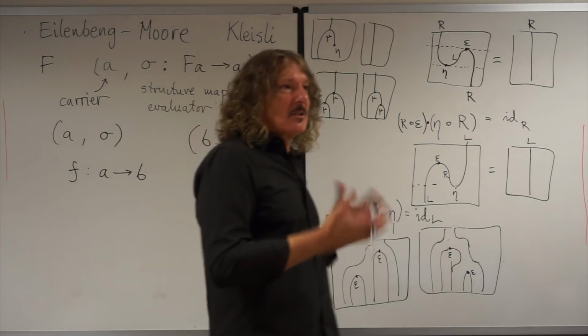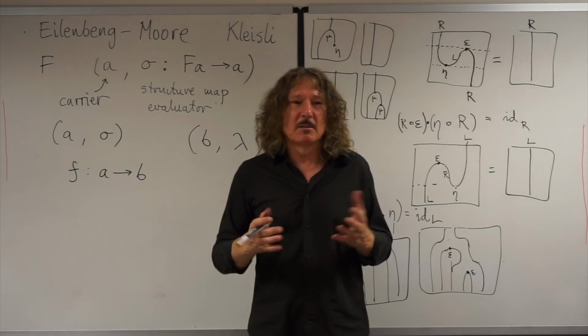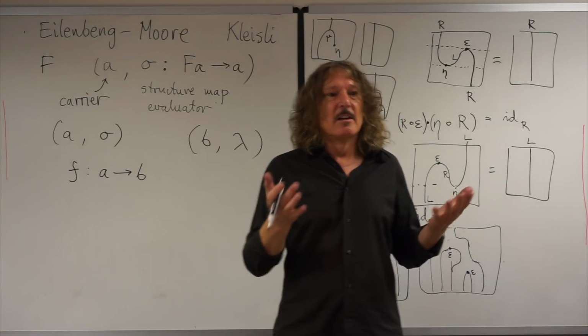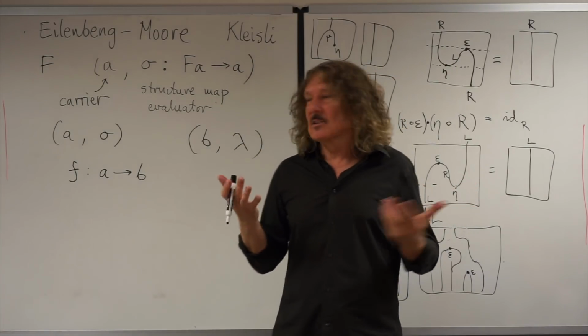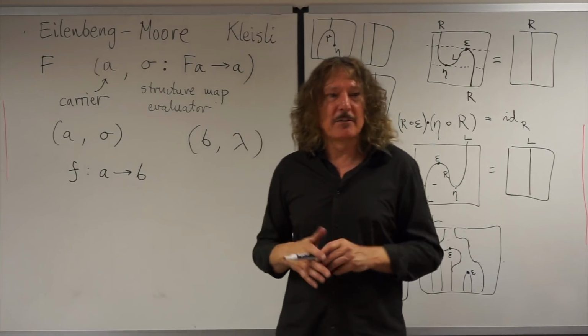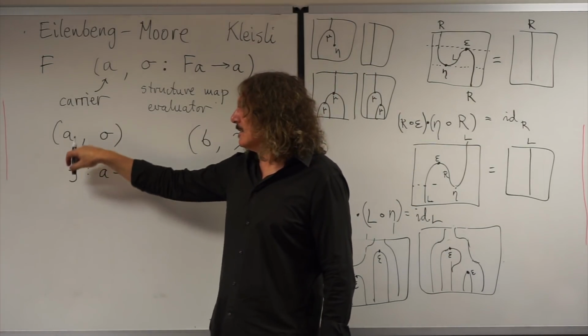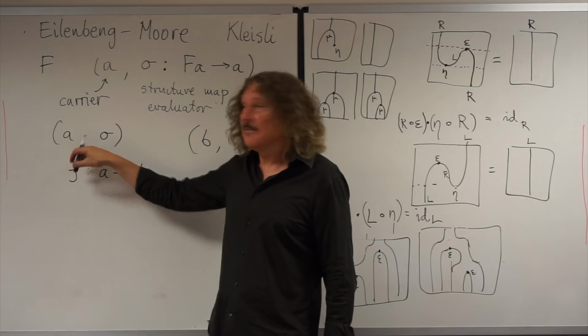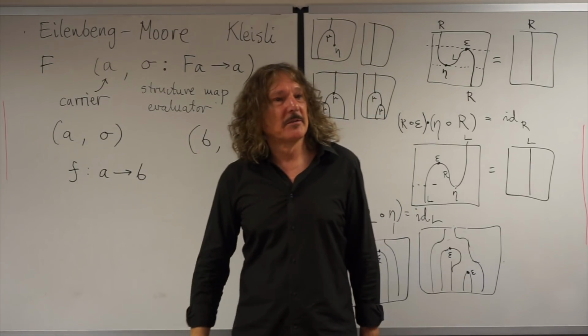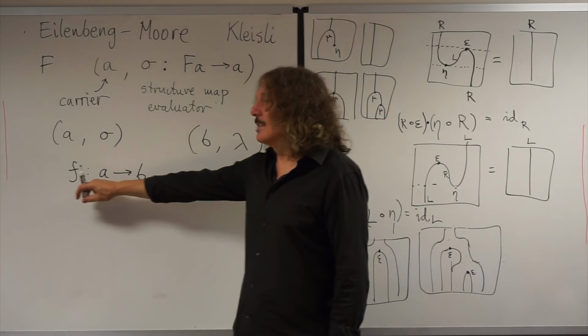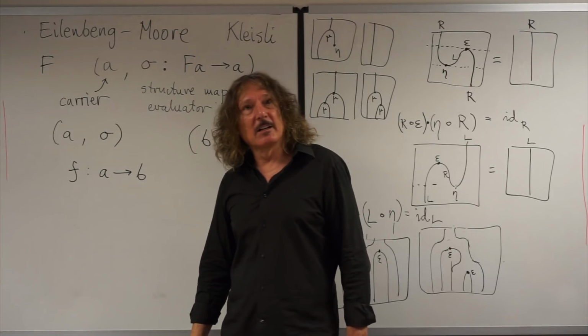But that's not good enough, because we want to preserve some kind of structure. An algebra is a structure. It tells us how to evaluate stuff, right? So this algebra tells us how to evaluate stuff, and this algebra tells us how to evaluate stuff. And this tells us how to move from one algebra to another algebra.